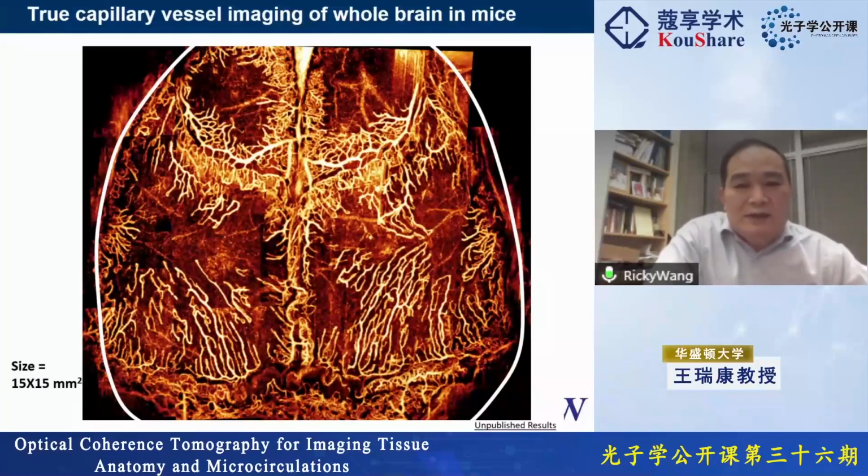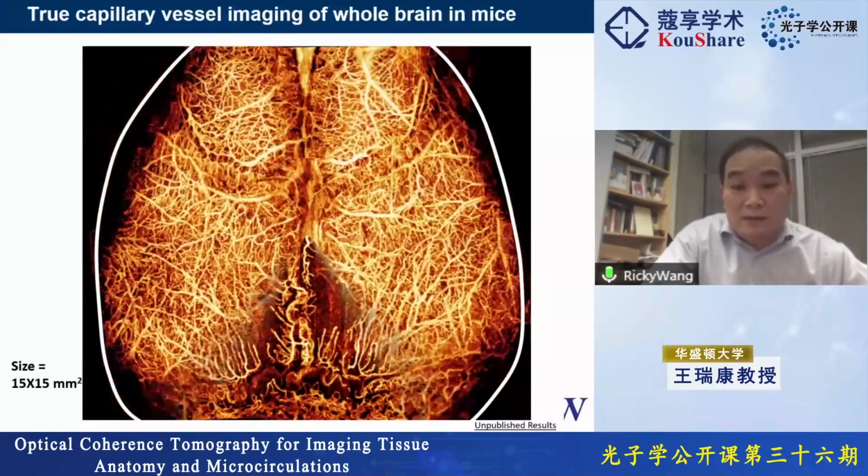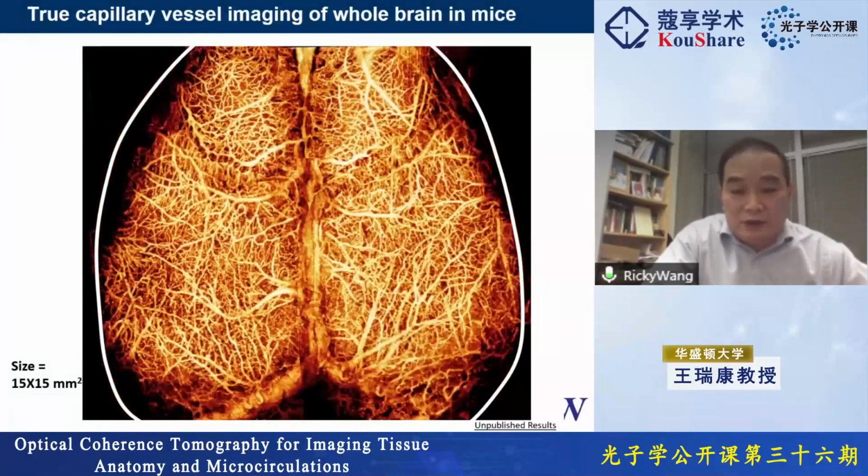And as I mentioned, OCT is a 3D technique, and you use segmentation to look at the vasculatures in the meninges layer, and you can peel this meninges layer off. You look at detailed information in the brain tissue.